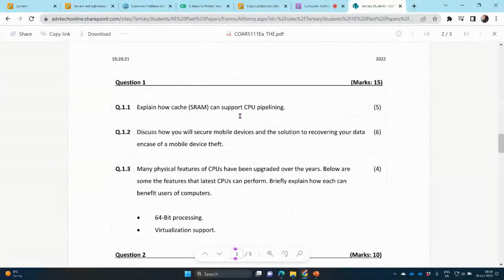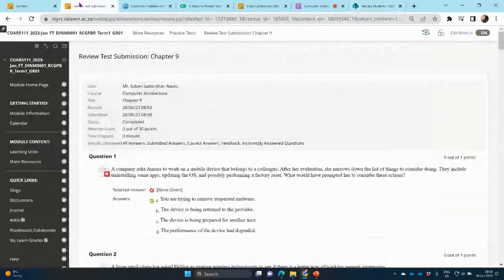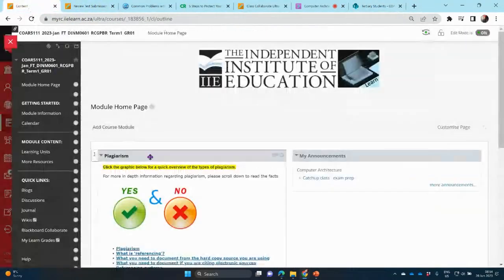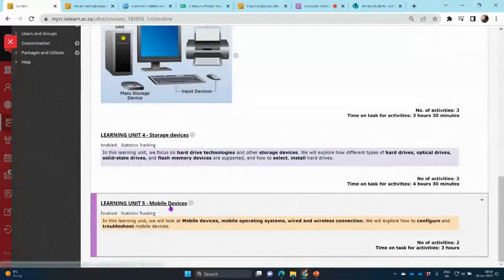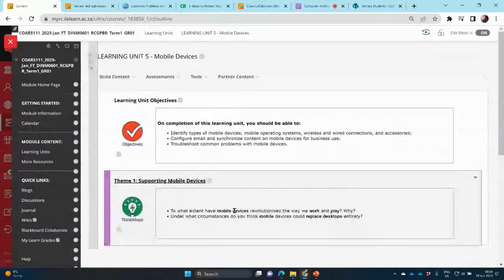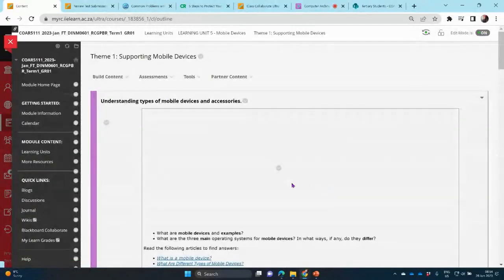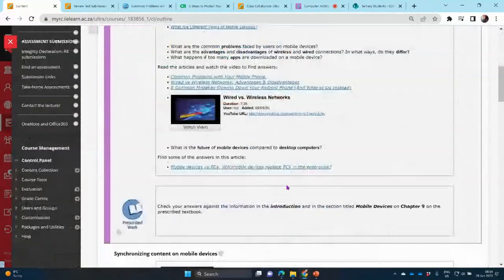The first question is asking you about RAM and CPU. The next one's about mobile devices. Discuss how you will secure mobile devices and the solution to recovering your data in case of mobile theft, right? We just came across that now, where? In my learning units, learning unit 5, mobile devices, supporting mobile technologies, right?